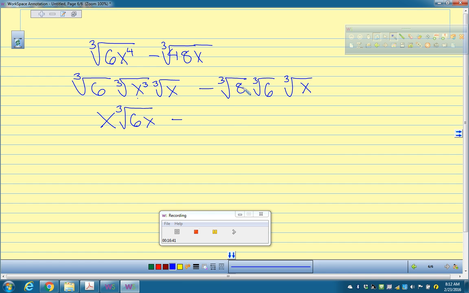Minus, what's the cube root of 8? 2. And then I have inside the box a 6 and an x. So altogether, I have this minus this cube root of 6x, which you have to put in parentheses. X minus 2 cube root of 6x.